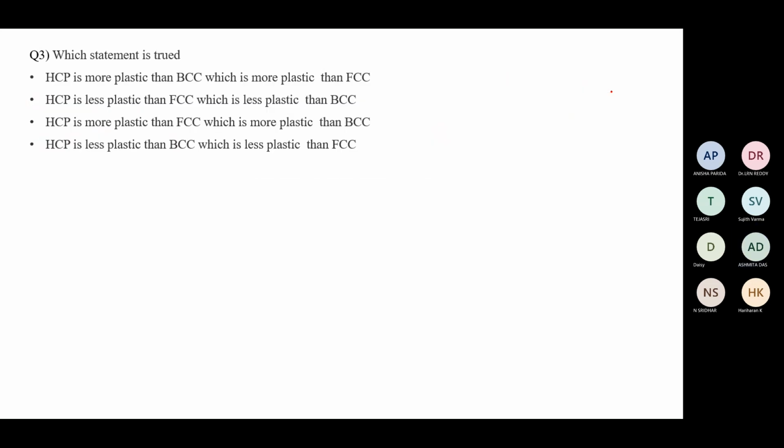Okay. Now moving to the next question. Which statement is true?